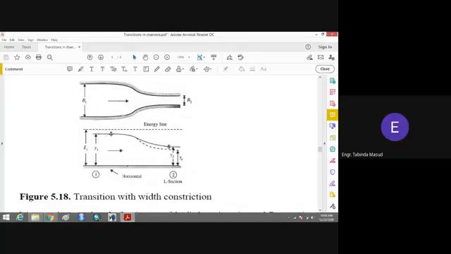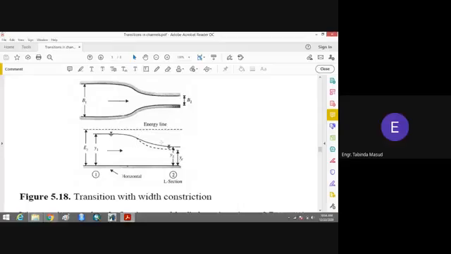Here you can see that in a channel, the depth of the flow is Y1, and when it comes to the contracted section, the depth of the flow will be decreased to Y2. Okay, however, the total energy will remain constant. Again, we are ignoring the friction losses, so we will say that the energy line will remain constant.